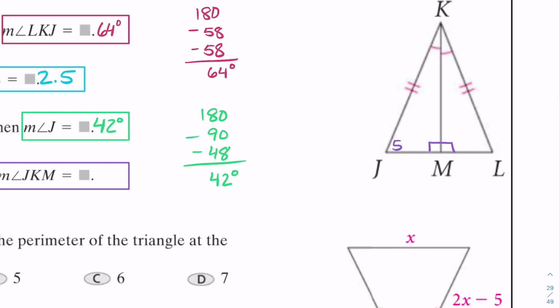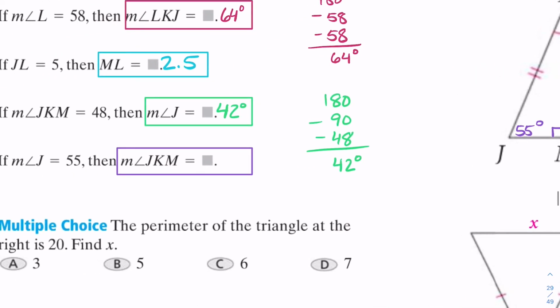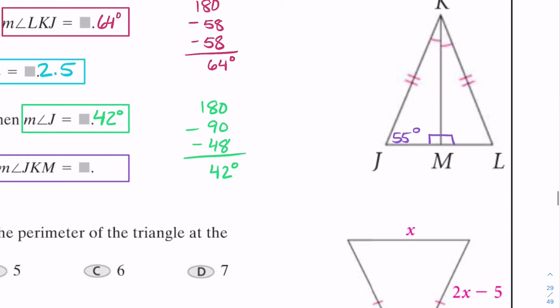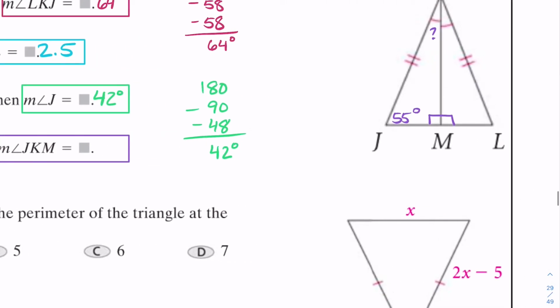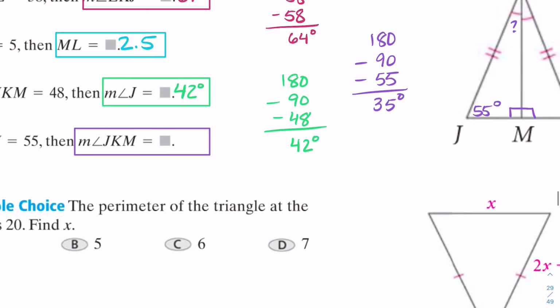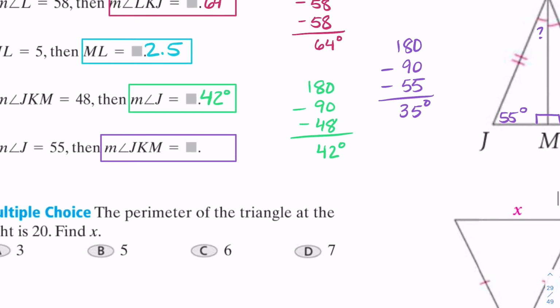J is 55 degrees. And we want JKM. We want to know this one up here. So JKM, so I'm going to do 180, take away 90, take away 55. So I'll get 35 degrees. So the measure of angle JKM is 35 degrees.